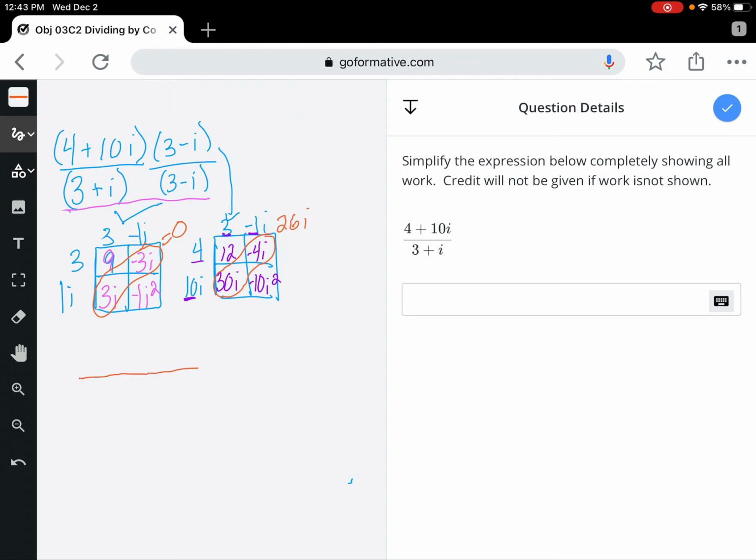So in my denominator, I'm left with the 9 minus 1i squared. In the numerator, I have a 12 plus 26i minus 10i squared. Okay. My next step is to turn all my i squareds into negative 1.